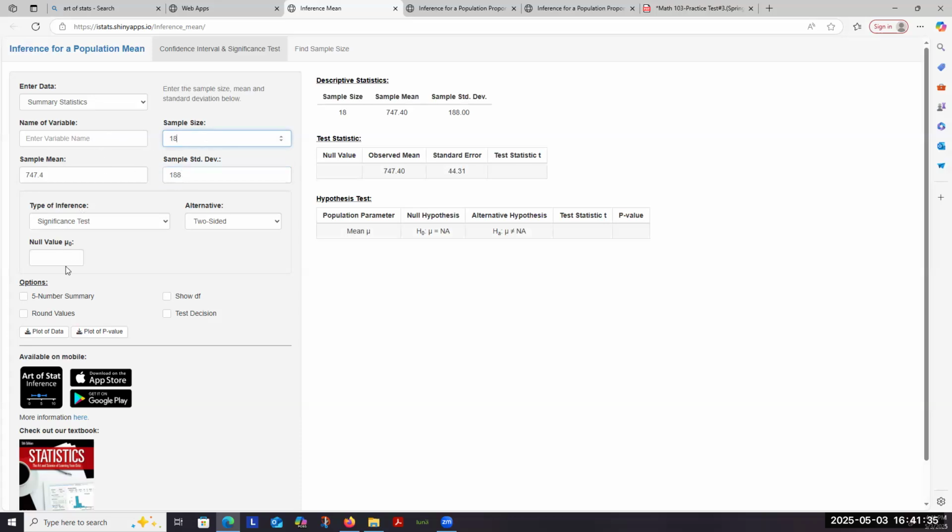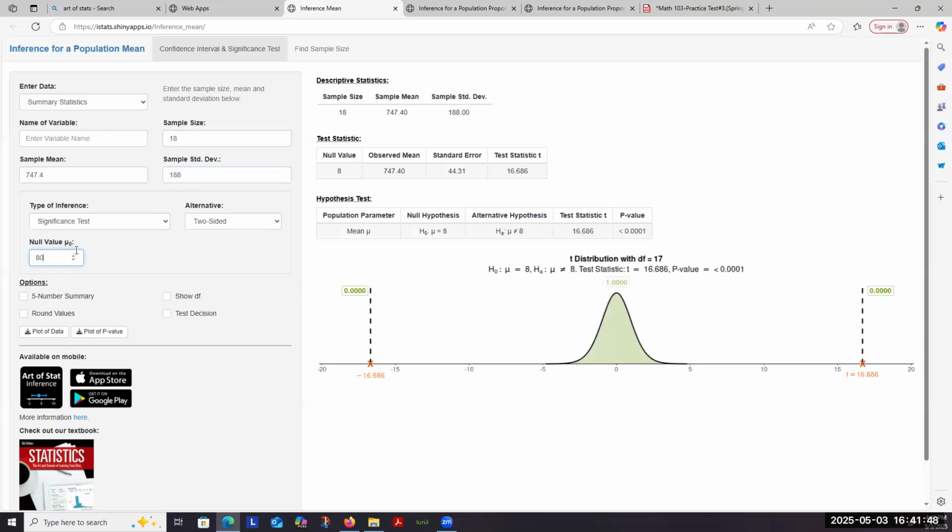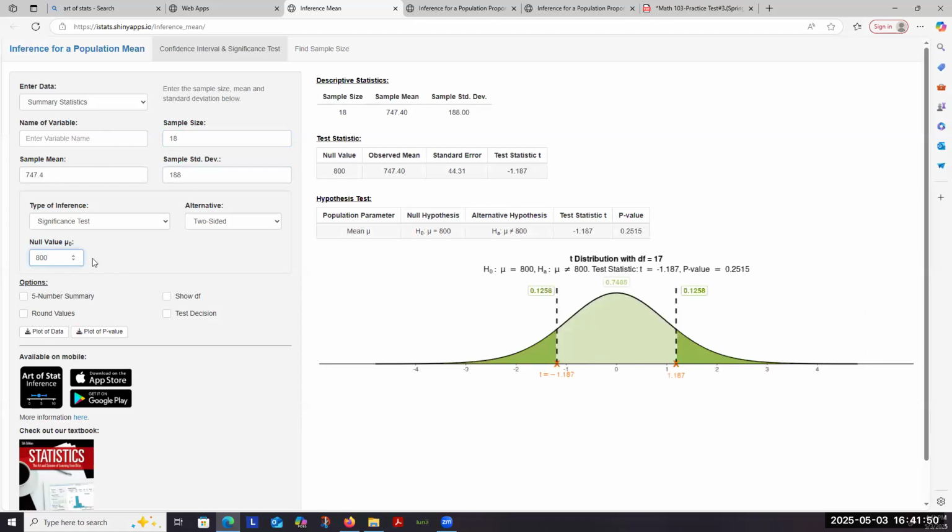Okay, so these are going to be the case, but you have something else to take care of. This is the value for the null value, mu0. Mu0 was 800. Okay, the type of the test that we're going to use, you see this one? Is it two-sided, less, greater?